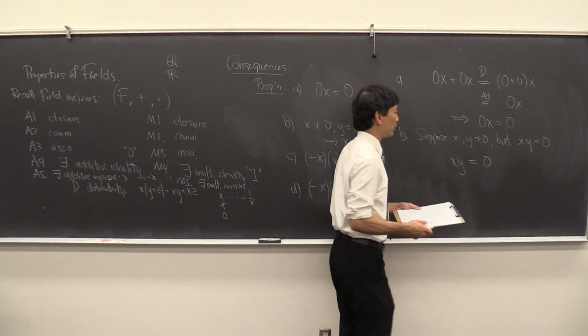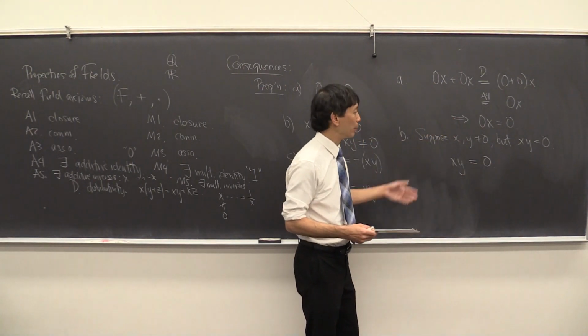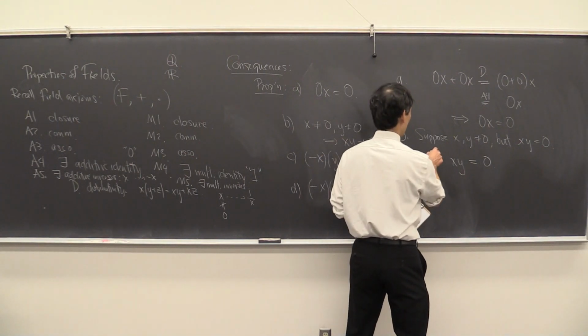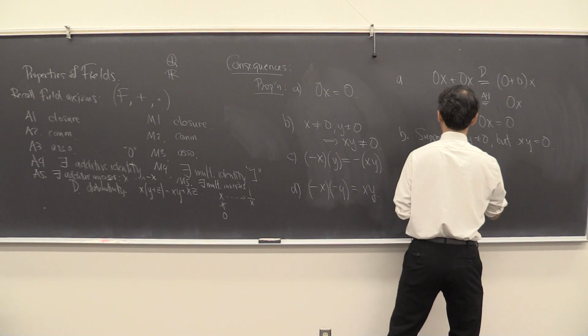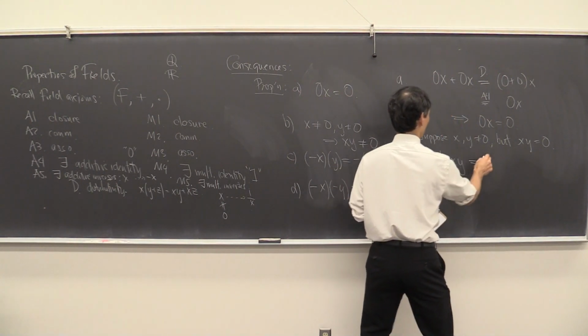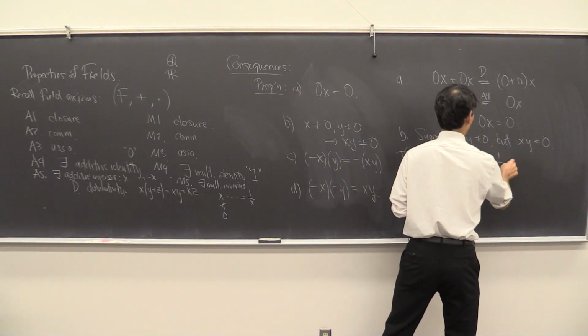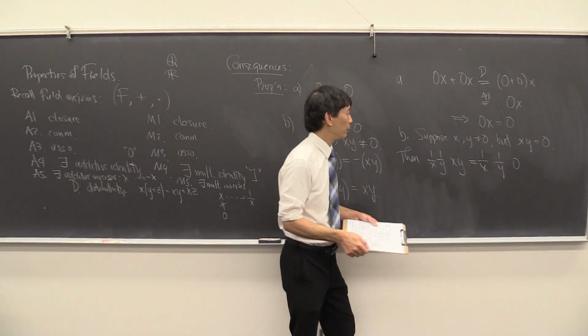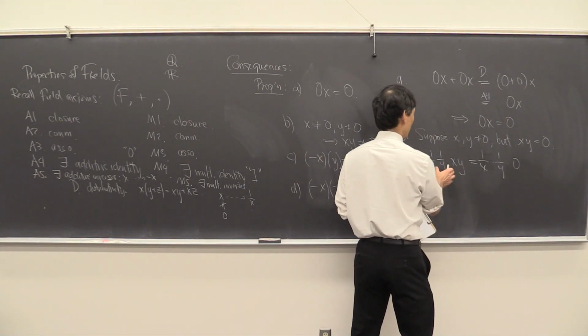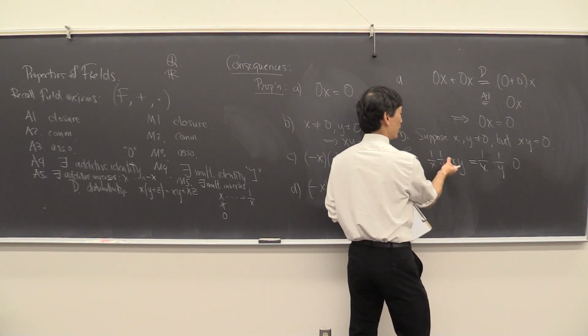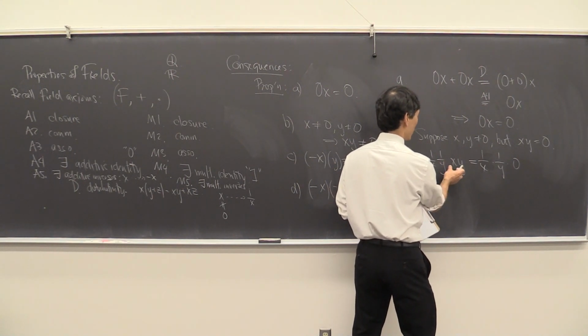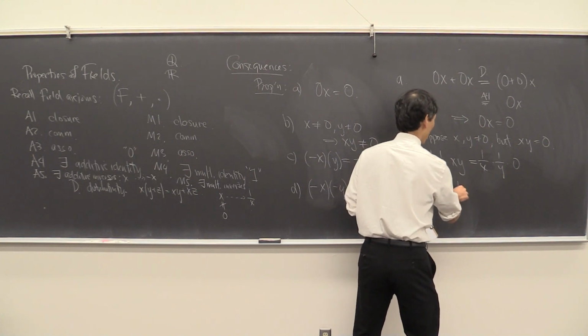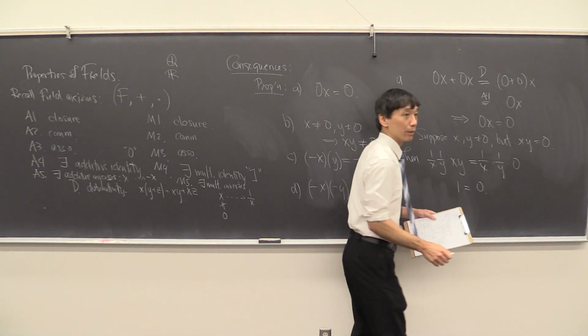So then xy equals 0, and we're going to multiply both sides by the inverses, 1 over x and 1 over y. Then this is going to be the same thing as that, right? But then what happens, right? You can do some commuting, right? You do some commuting and associating, and you end up with 1 equals 0.